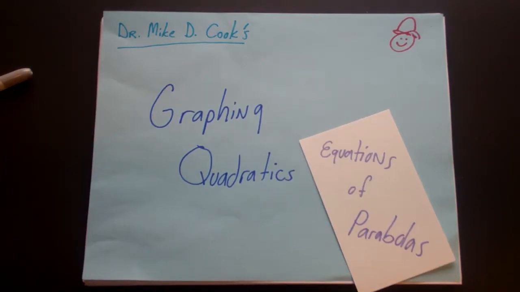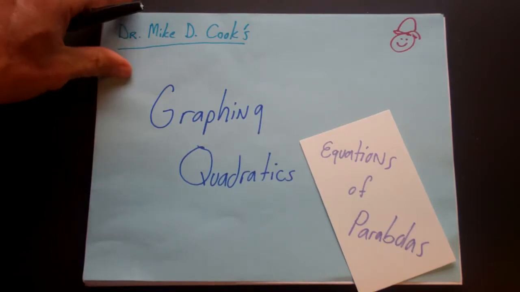In this video, in the series on graphing quadratic functions, we're going to look at writing equations of parabolas. In particular, let's look at the problem of graphing a parabola.